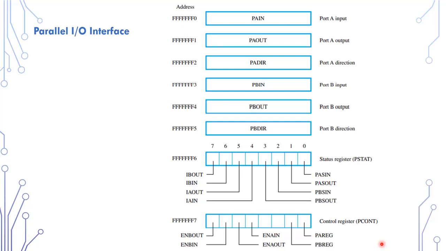A single interrupt request signal is used for all ports in the interface. In response to the interrupt request, the processor must examine the interrupt flags to determine the actual source of the request. The information in the status and control registers is used for controlling data transfers to and from devices connected to ports A and B.